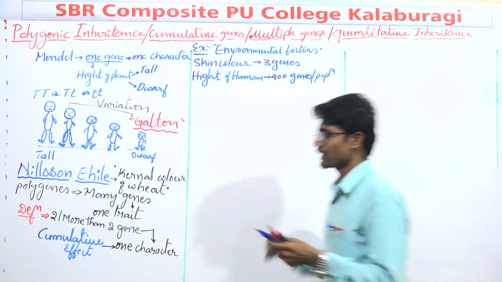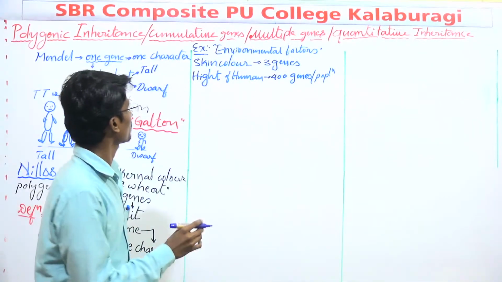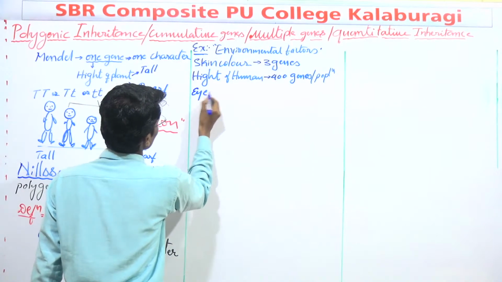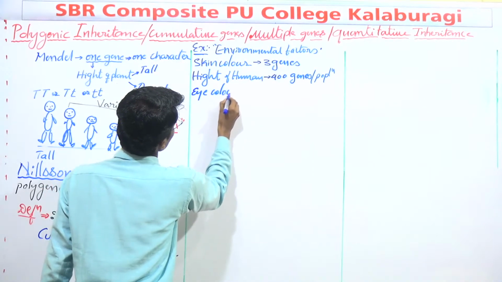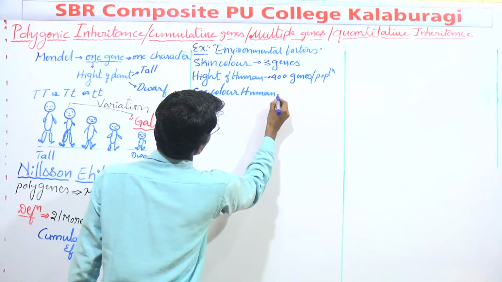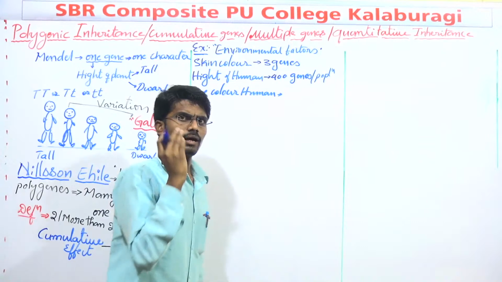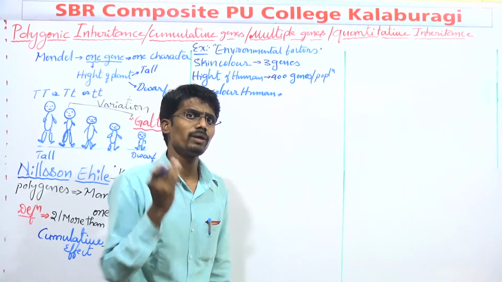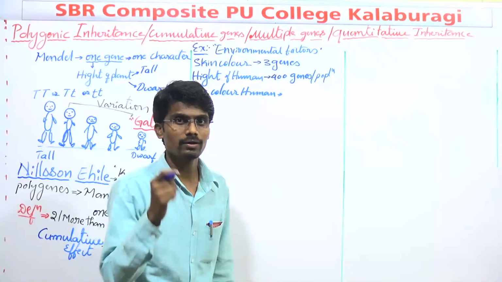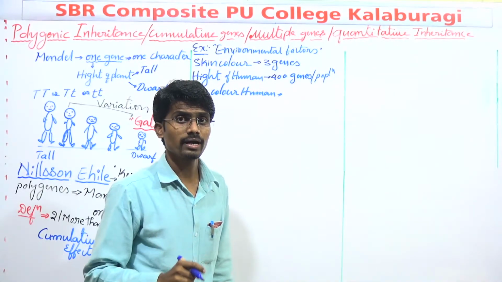Okay? And next example, after the height of human beings, I will go for another example, that is eye color of human. Do you know? Our eye color is black. Some people have brown. Some are having what? Blue. Did you notice the eye color of Aishwarya? She has what?